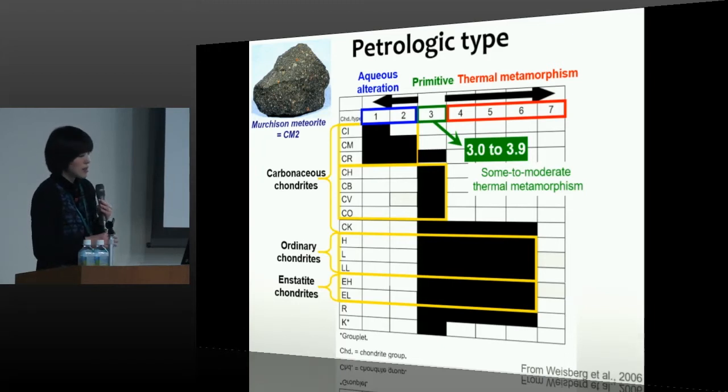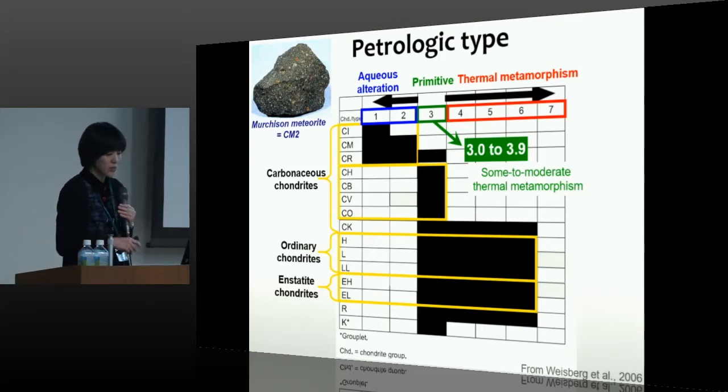So 1 is much altered compared to type 2. So type 3 is considered a primitive one, but actually most of the type 3 chondrites experienced thermal metamorphism. And type 4 or more are heavily thermally metamorphosed chondrites.